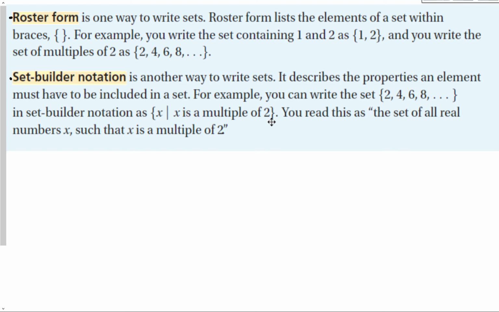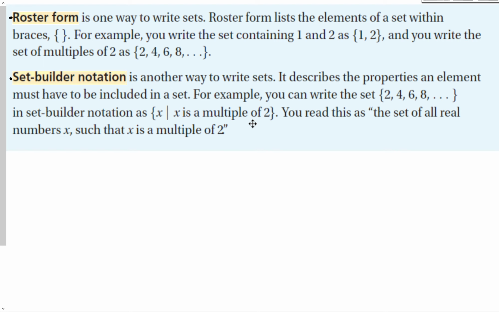We read it as the set, that's what the braces mean, of all real numbers x such that, so that's what this x right here means. It indicates that that's our variable. This line up and down means such that, and here's what tells me what x is doing: x is a multiple of 2.